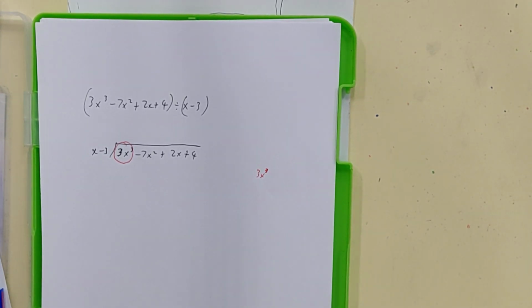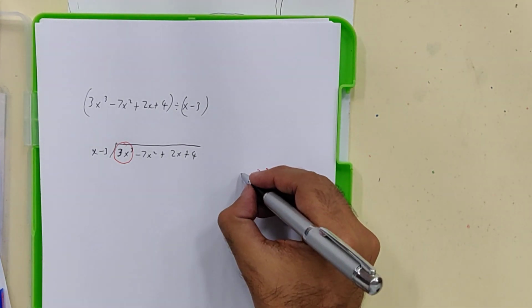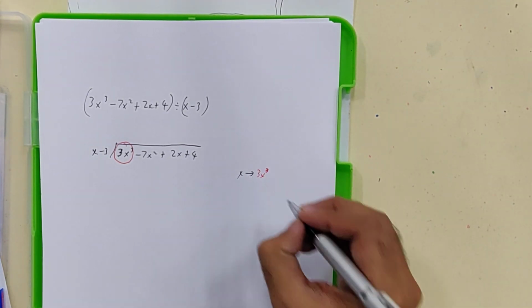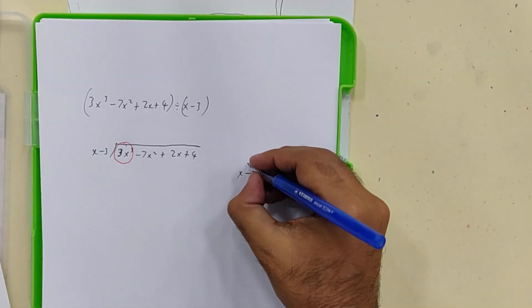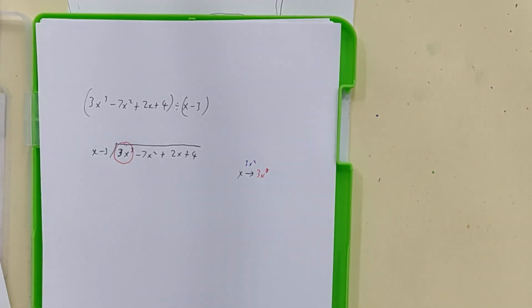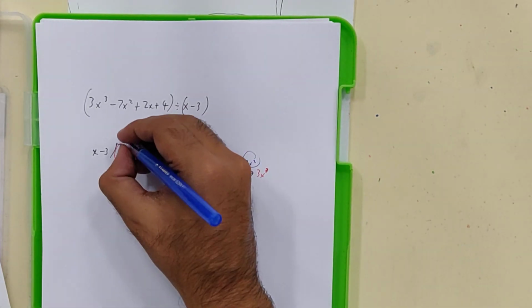Now my question to you is this. How does x become 3x cubed? Times 3x squared. Agree? So you take this number, look carefully, you put it up here.